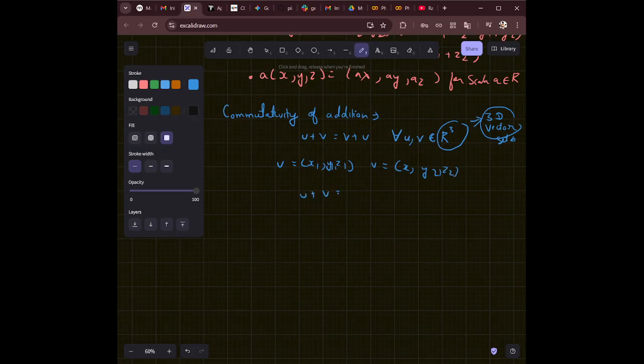Then u plus v equals (x1 plus x2, y1 plus y2, z1 plus z2), and v plus u equals (x2 plus x1, y2 plus y1, z2 plus z1).